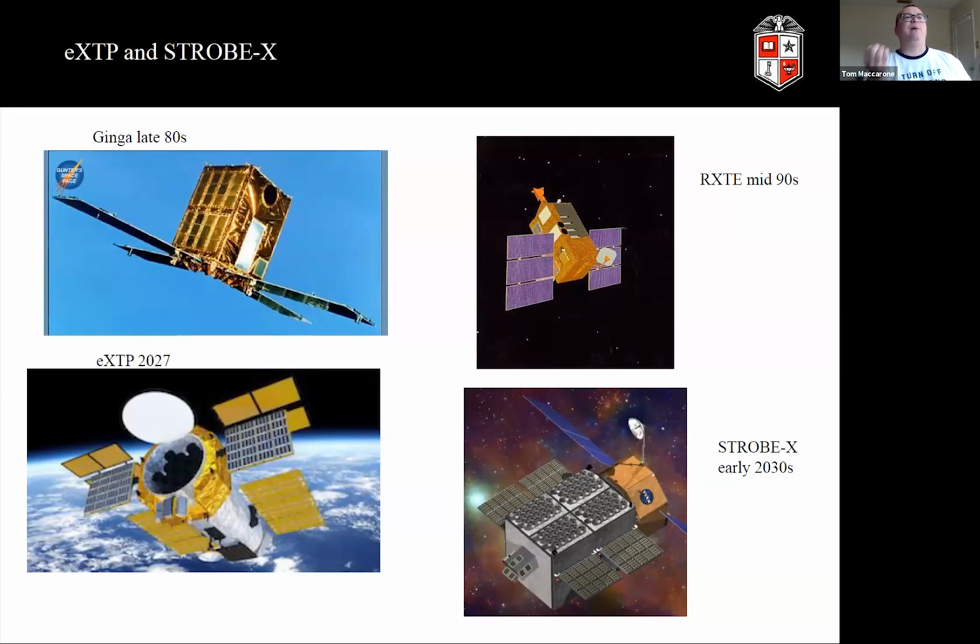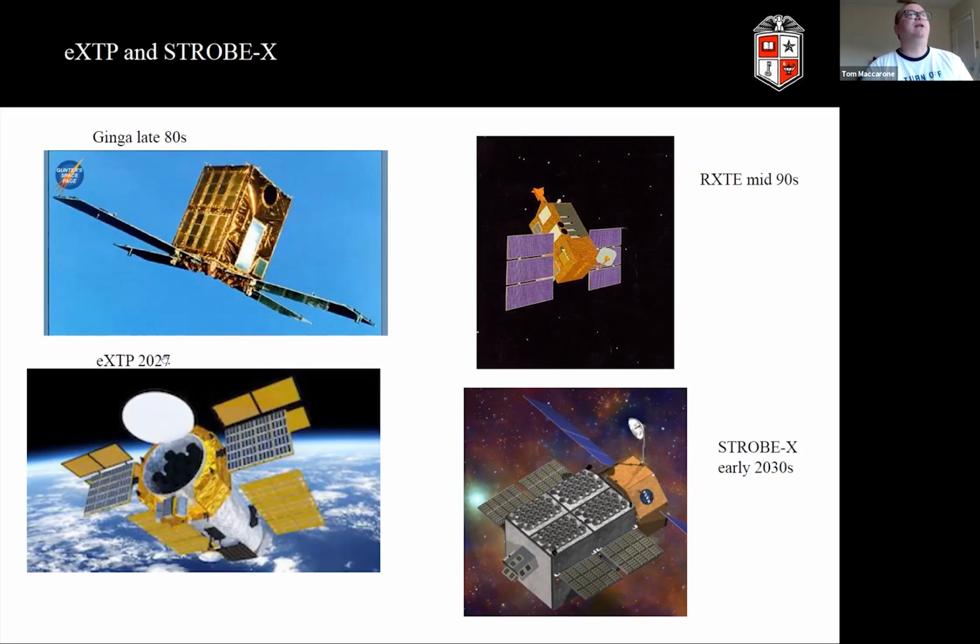But I think it's important to remember that a lot of things that RXTE did were really building on results that Ginga had come up with. And I don't think RXTE would have been nearly as successful a mission if Ginga hadn't been there before that, so that people really had an understanding, right from the time that XTE turned on, of what the most exciting things to try to do with it were.